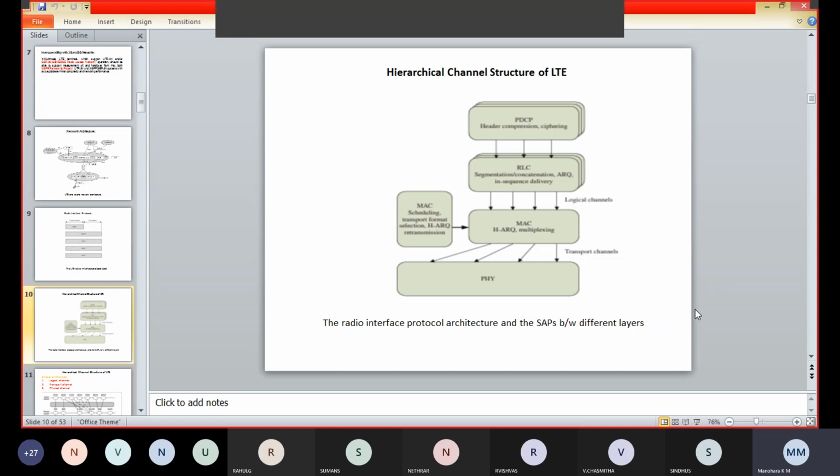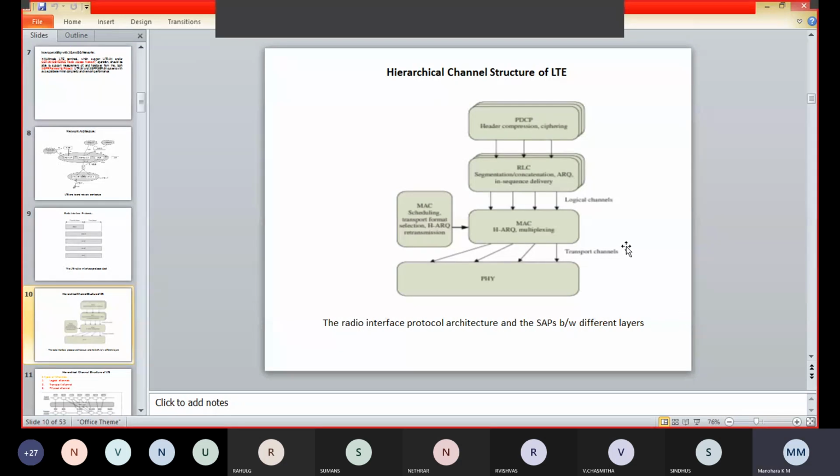Next we have the paging control channel, that is PCCH. PCCH is a downlink channel that carries paging information to registered user equipments in the cell, for example in case of a mobile terminated communication session.